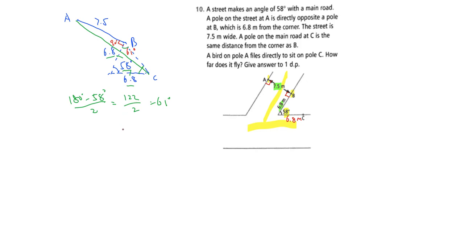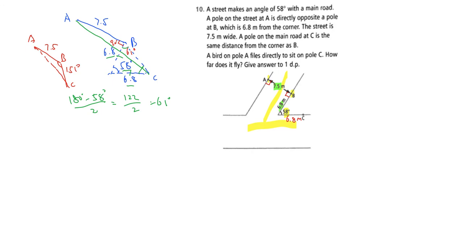If we simplify that a little bit, this is A, this is B, and this is C, and we're looking for this one. This angle will be 90 plus 61, so that will be 131 degrees. We also know AB is 7.5, but we don't know what BC is, but we want to look for AC, so we have to figure out what BC is.